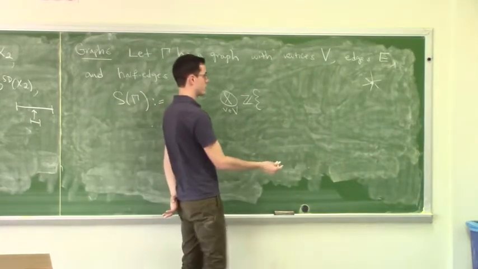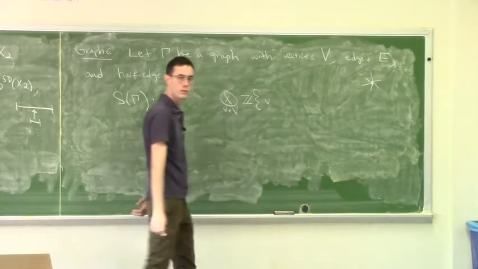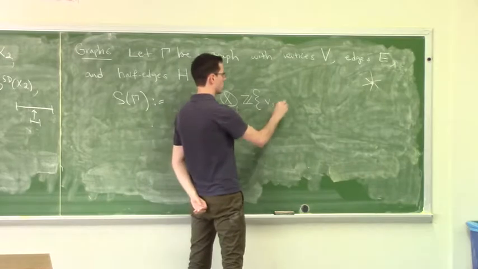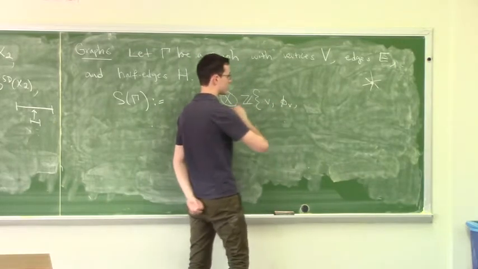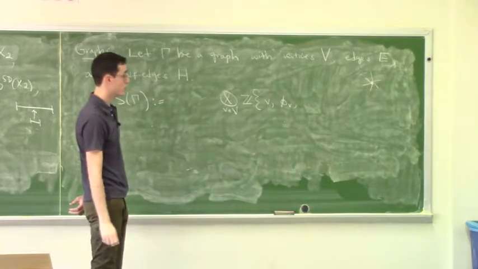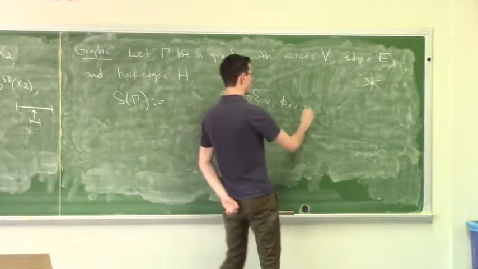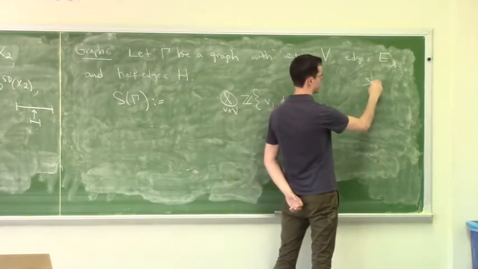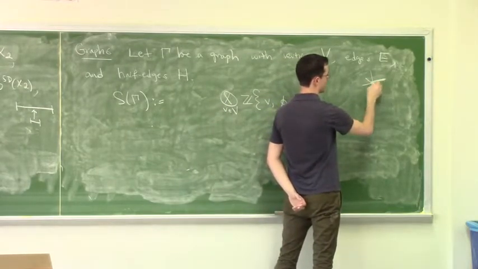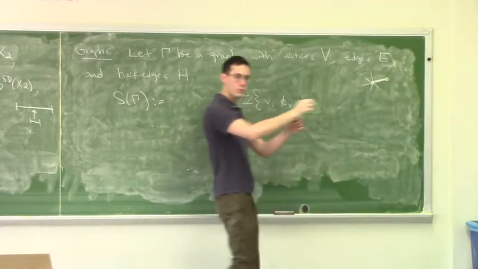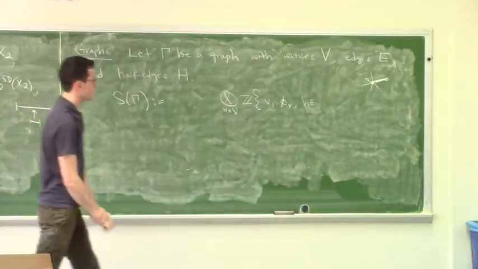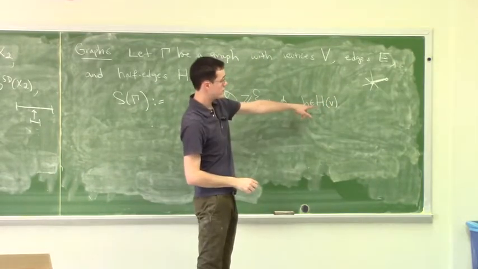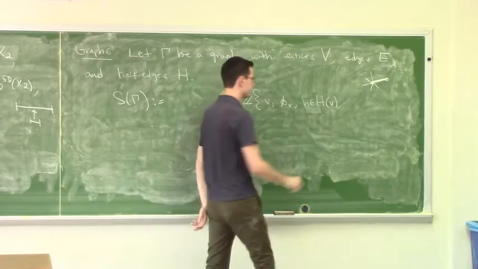Either there's a configuration at the vertex, so I'll put a generator there called V to say that there's a point at the vertex, or there's no configuration at the vertex, so it's a generator called the empty set, or for some half edge coming off of this vertex, there's a one cell that says that a point is allowed to run around on that half edge. So for every half edge in the set of half edges of V, I want a generator.